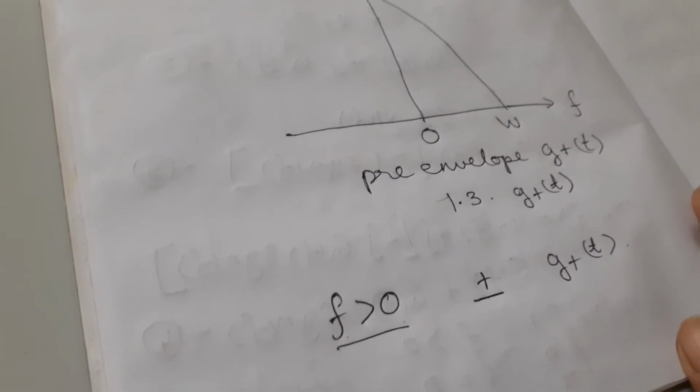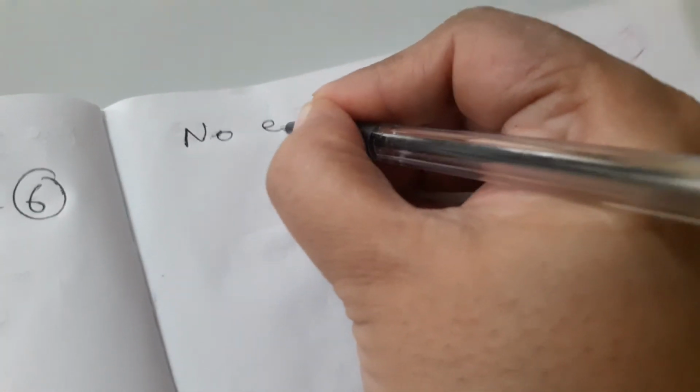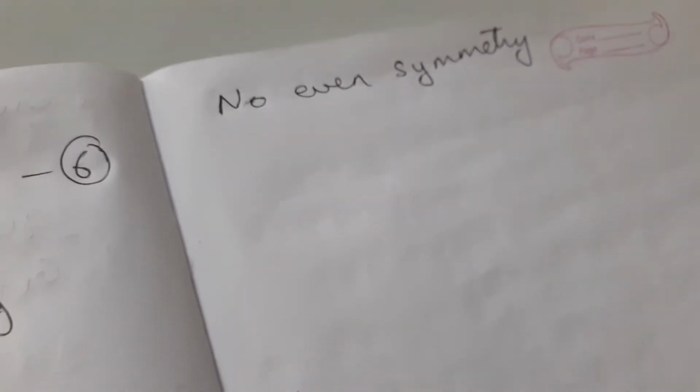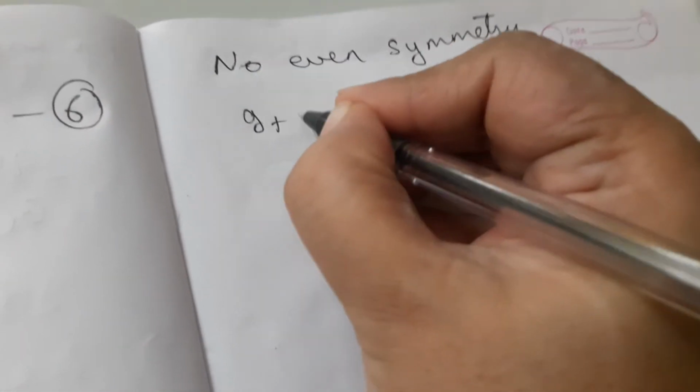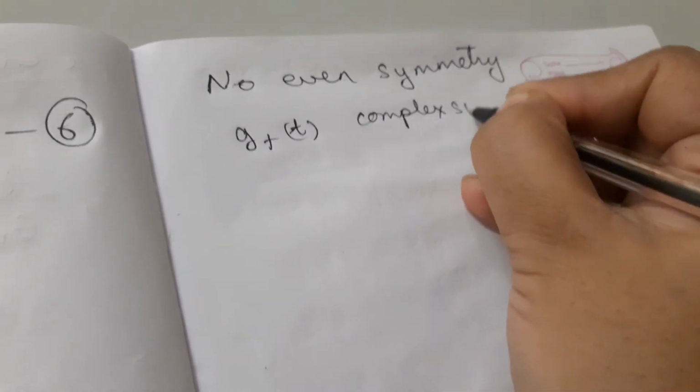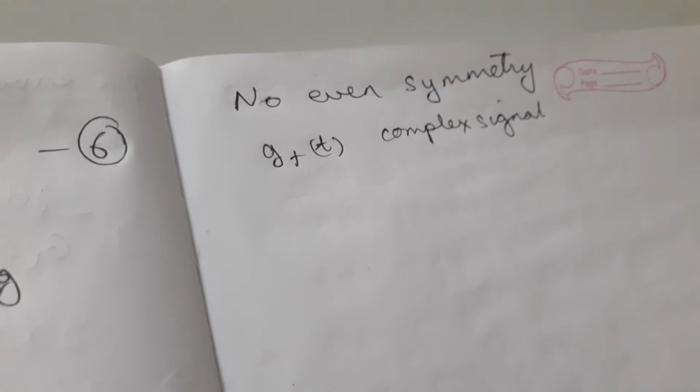Now the spectrum shown in this figure 1.3 indicates that there is no even symmetry about the origin, implying that g plus of t is a complex signal, which is the case.